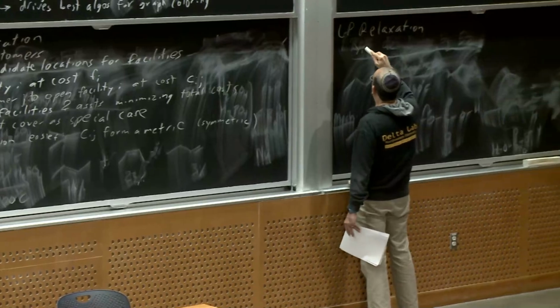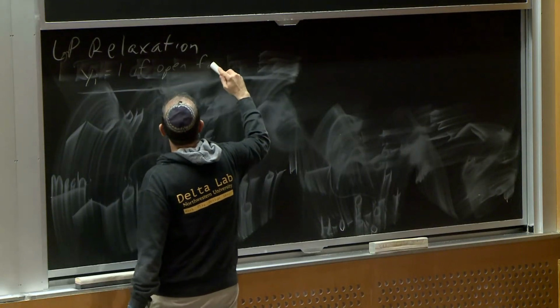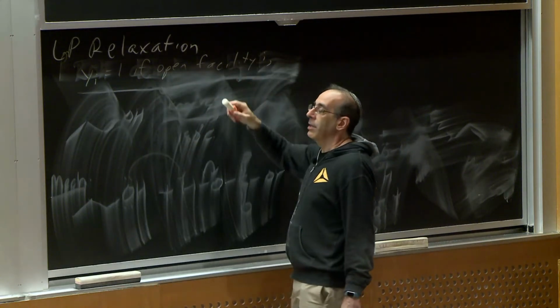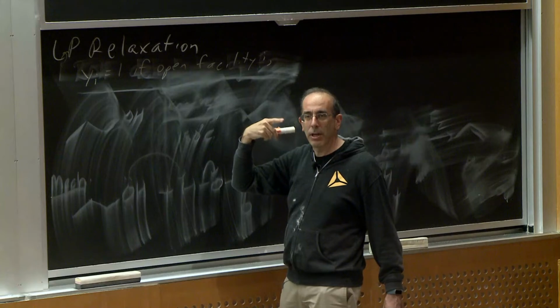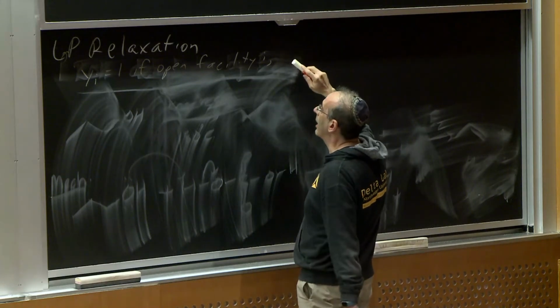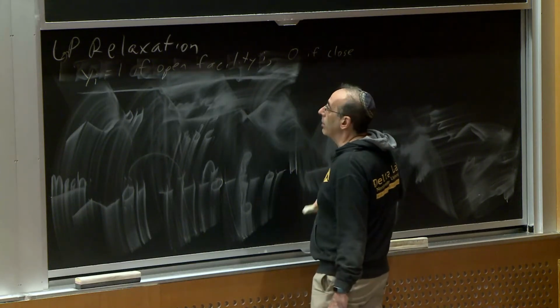So I'm going to set yi to be equal to 1 if you open facility i. And again, this is for thinking, right? We're going to eventually get a relaxation, and we can't assume that we get 1s and 0s, but just for thinking, 1 if it's open, and 0 if you close it.